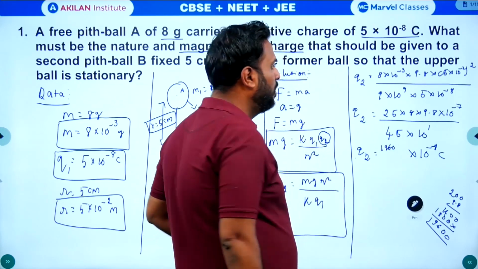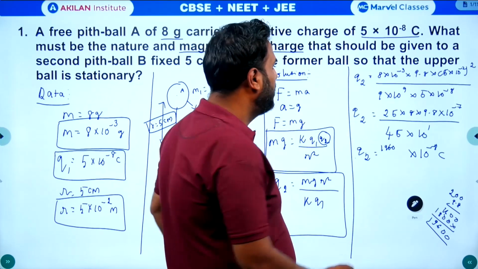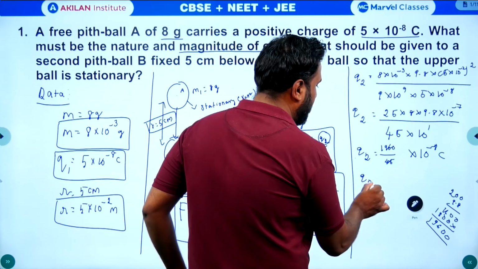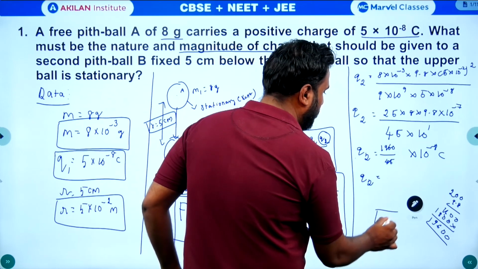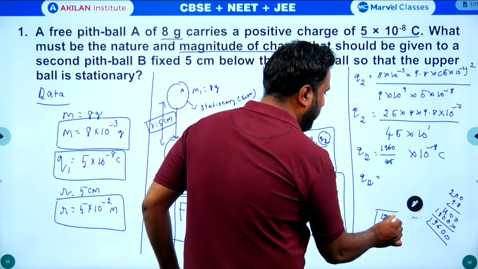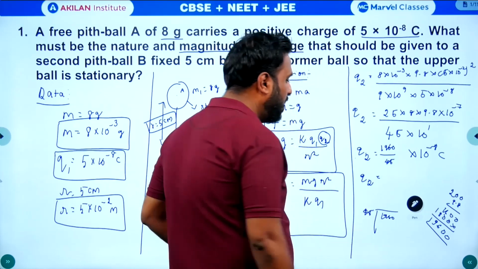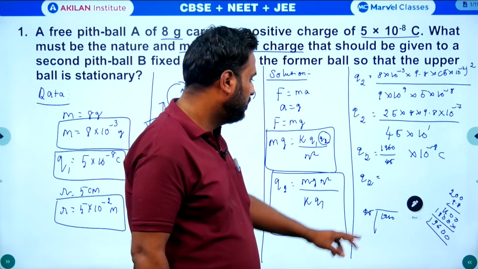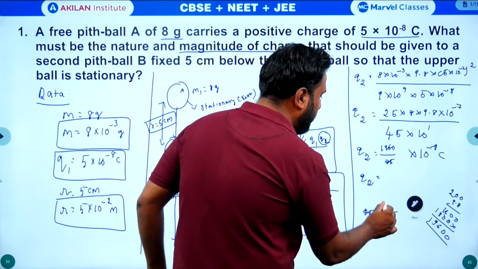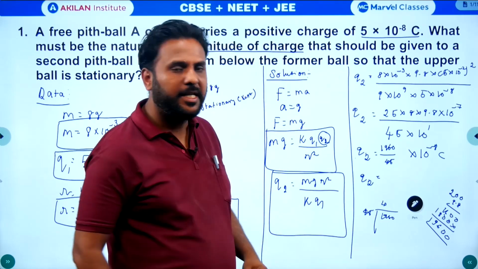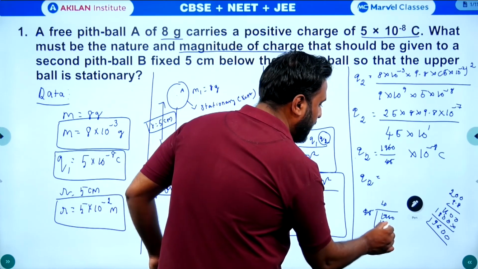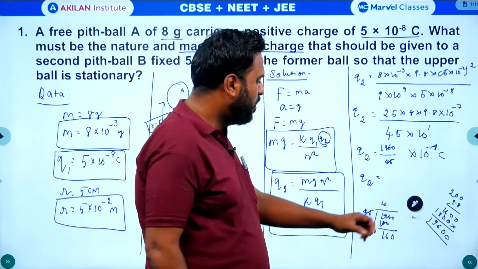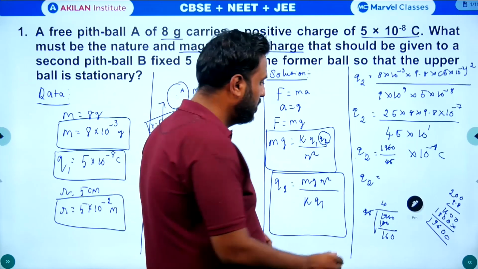1960 divided by 45. What do you get as the answer? 1960 divided by 45, how many times will it go? 45 4s is 180. Put 180 here, you get 16 and finally it becomes 0. How many times will it go? 160, 3 times.